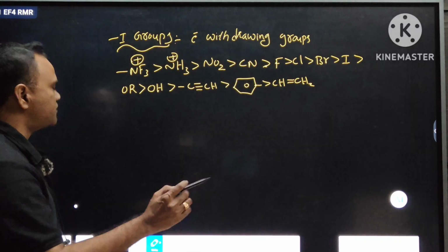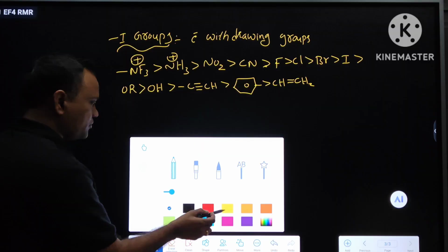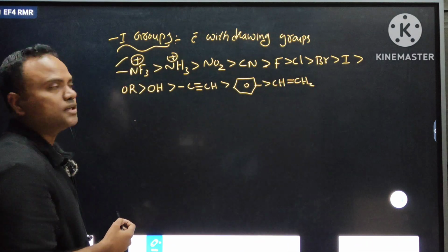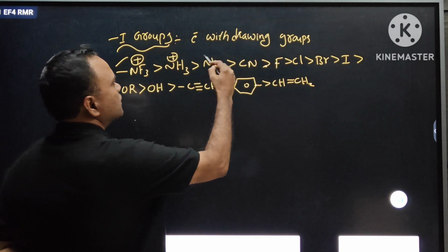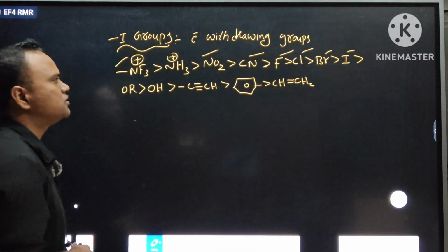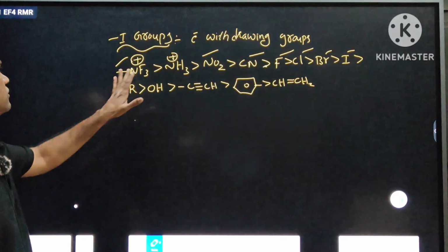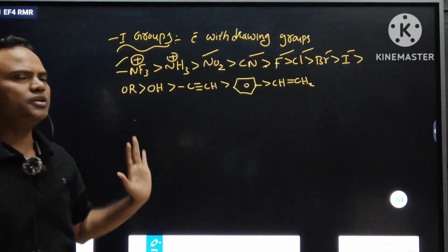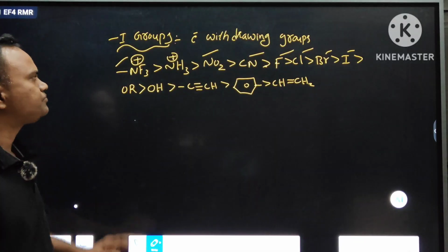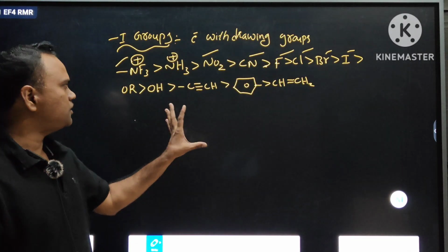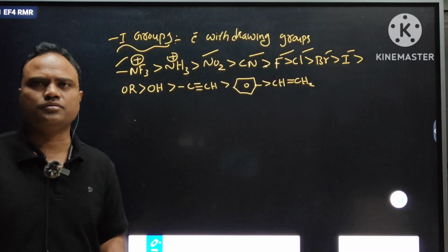What I am saying, at least to understand the acidic nature of carboxylic acid, remember at least these: NF3, NO2, cyanide, fluorine, chlorine, bromine. At least these. 1, 2, 3, 4, 5. Limited examples. This order is correct only, but I gave few examples only.